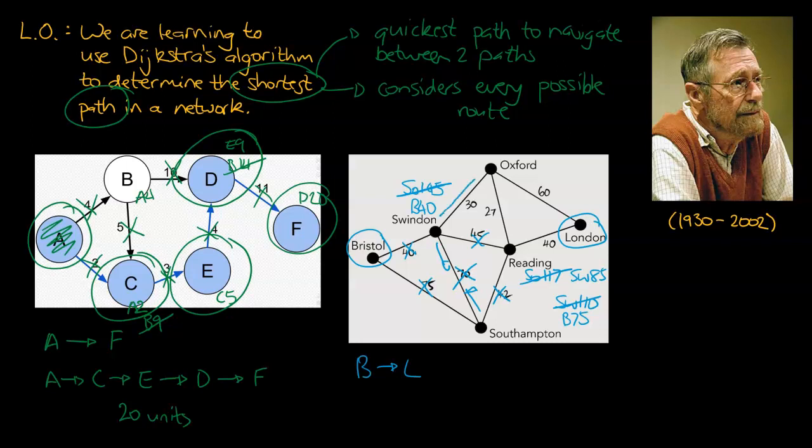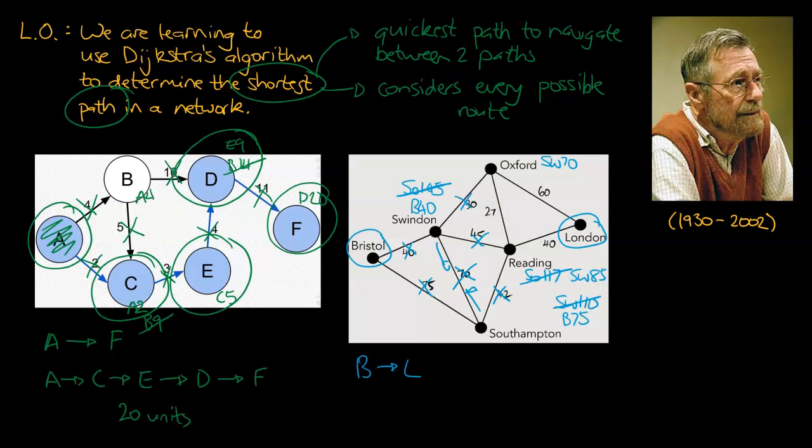We're now moving along to Oxford, and that there we had the 40 plus the 30, that gets us to 70, so that's going to be SW70, and I've now considered this route here. I won't really go up that way to Oxford because I know that's going to be longer because we're already at 185 to get to Swindon, whereas it's 170 here, so I won't consider that route.